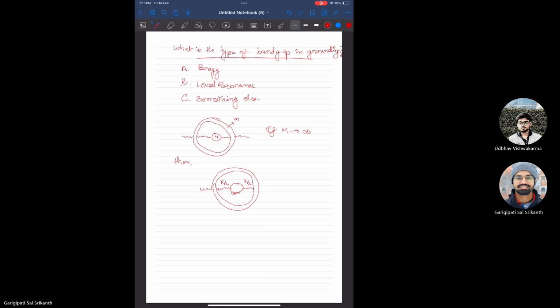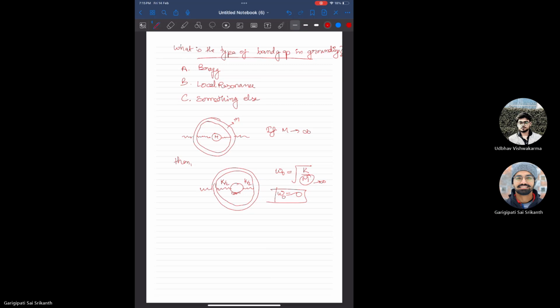Then in that way, if we analyze the local resonance frequency, omega naught will be equal to square root of k by m. But we know that m tends to infinity, then omega naught is equal to 0.